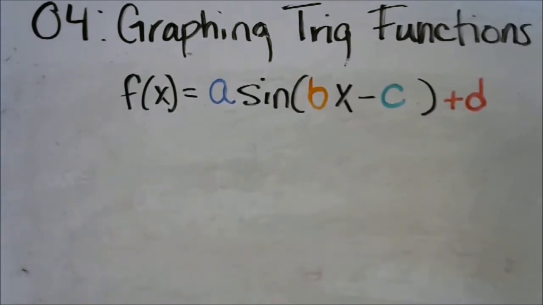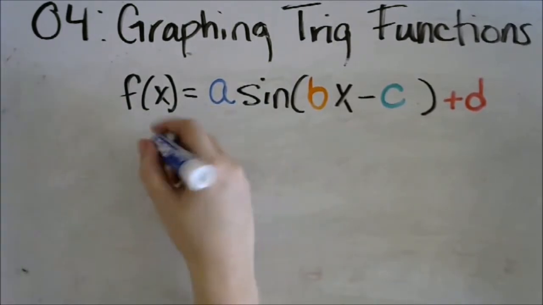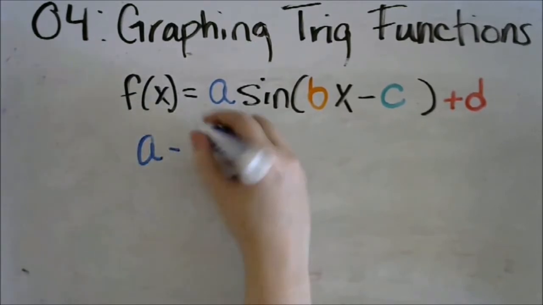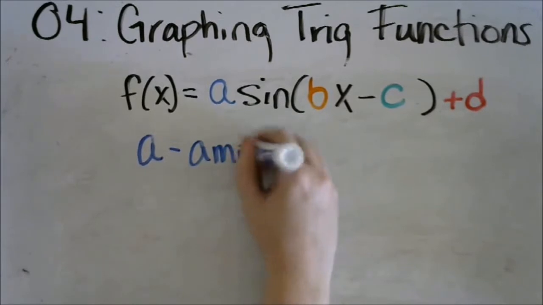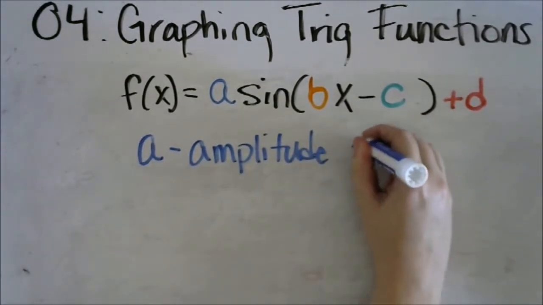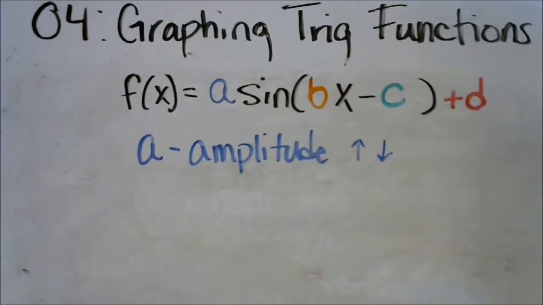What do these mean in terms of trigonometric functions? Well, A, formerly known as a stretch or compress, will now be referred to as the amplitude of the function. This determines how high up and how low down the function will range.